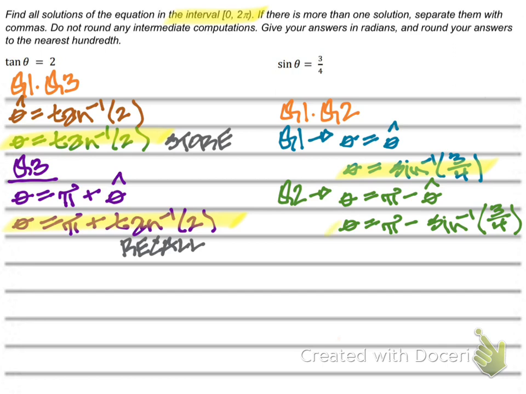So again, this is my second answer, and I would just store this when I got it. And then for the second one, I would use the recall button to get this value back.